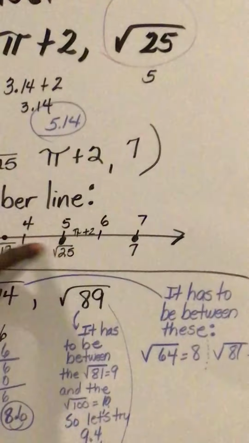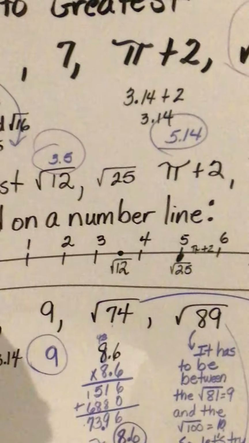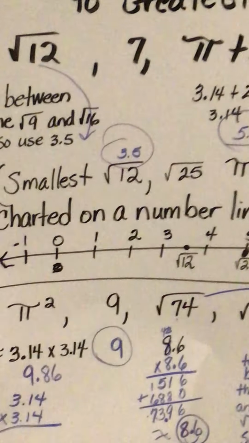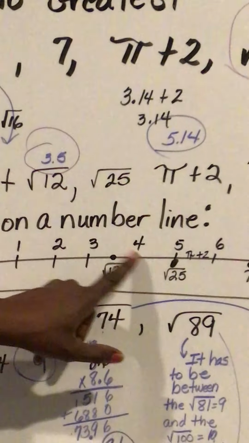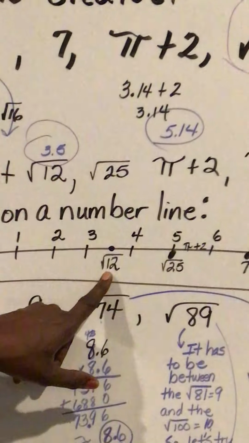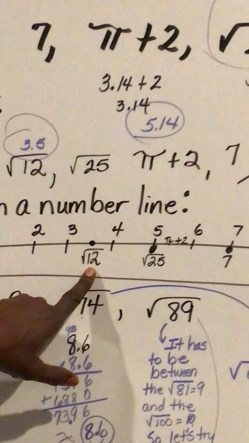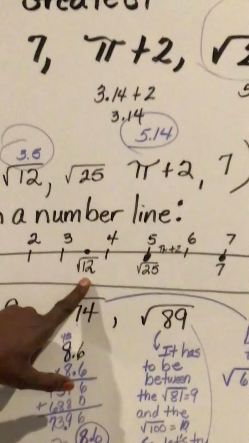Remember, integers, even if they are on the right side, they're still called integers. The negative numbers are integers also. But where would we put the 12? We said 12 is 3.5, so 3.5 would fall just between the 3 and the 4. So we're going to put the square root of 12 here. The square root of 12 is between the 3 and the 4.